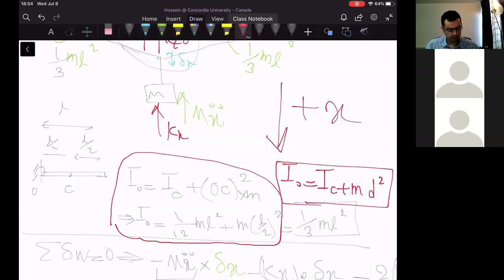Because the two beams are attached at the left and right point, we must calculate the mass moment of inertia around point O, rather than around point C. For your specific question, I think maybe this equation, 1/12, will be given. This is another formula we use. But this one you have to know.